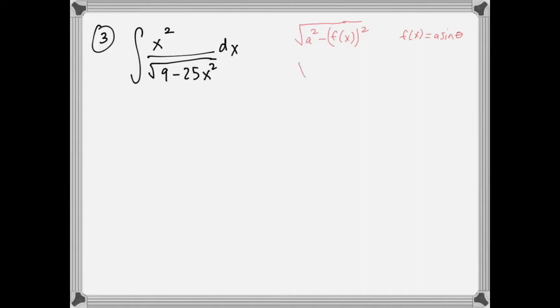In our actual example, we have 3 squared minus and then 5x squared, right? So this means that we're going to let 5x be 3 sine theta. So let's write that down. Let's say let 5x equal 3 sine theta.